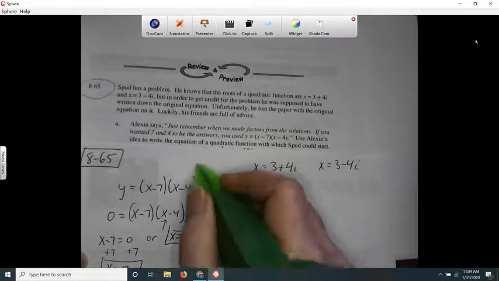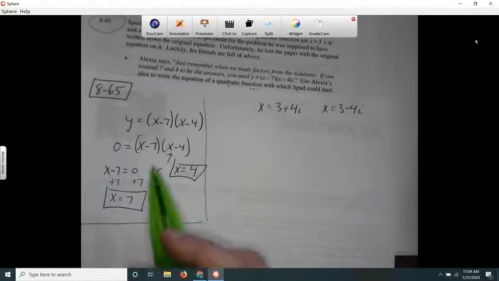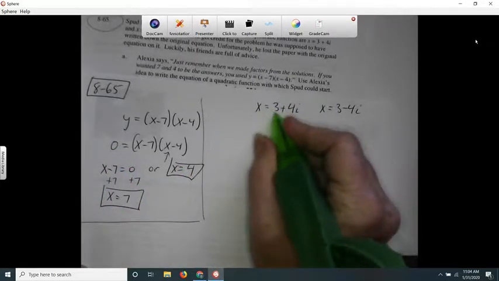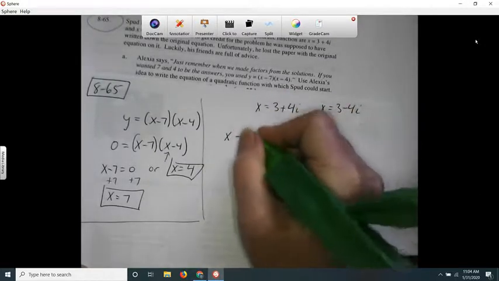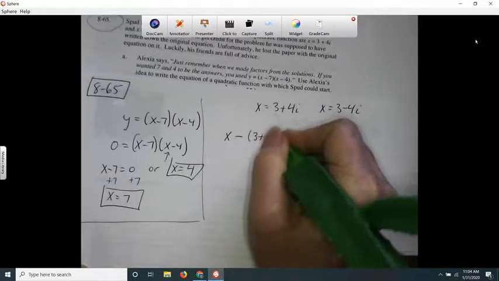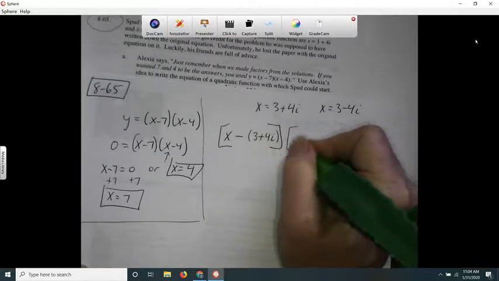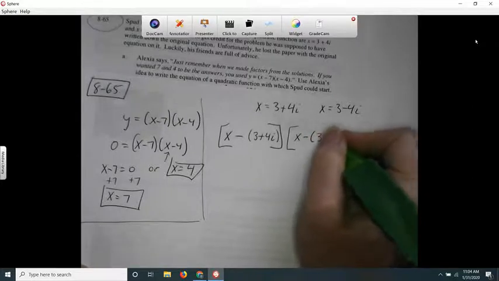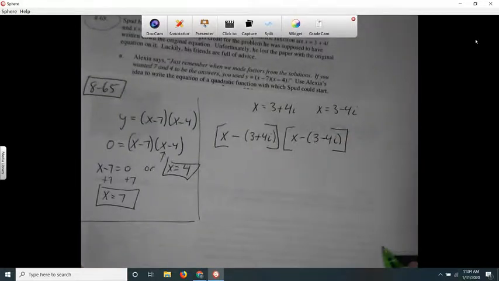So if you use this kind of thinking, then you can just say, I want to go x minus whatever the solution is, and then x minus the other one. Why am I drawing all the weird brackets?